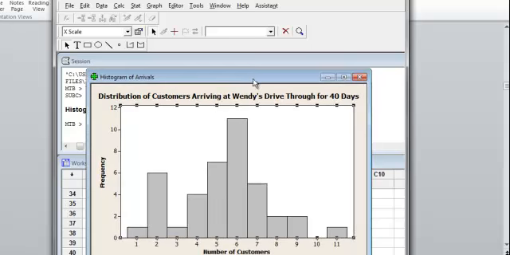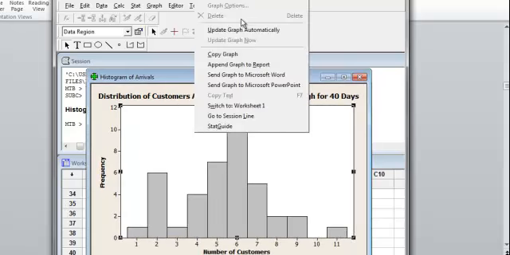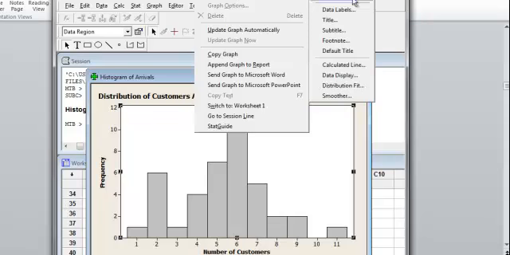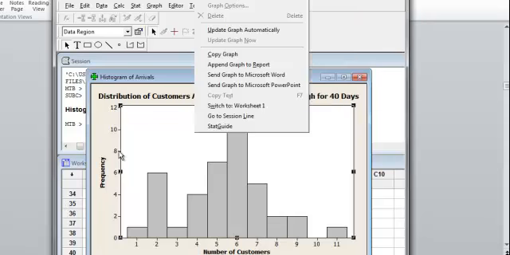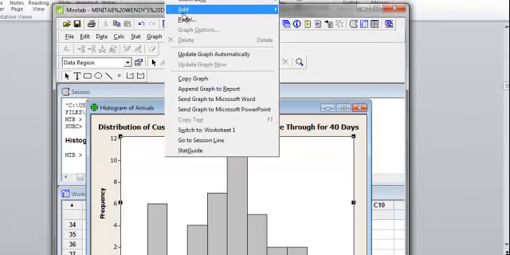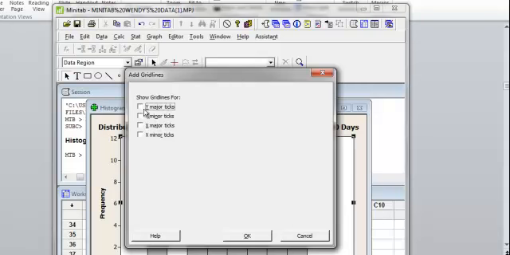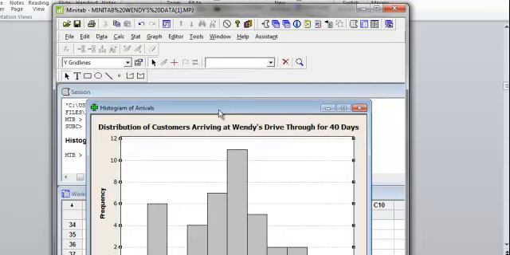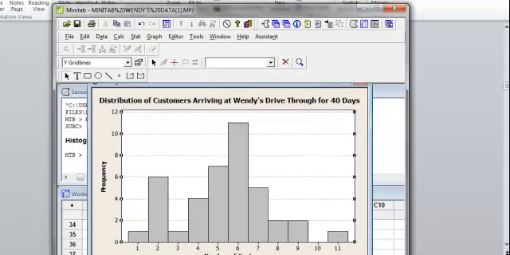And I could, if I wanted to, add grid lines and make it look nice. Like I said, you can do many things with these graphs. So that's how we would do our histogram for discrete data. That's going to close it out for part 4, and we will continue with the next one with continuous data.